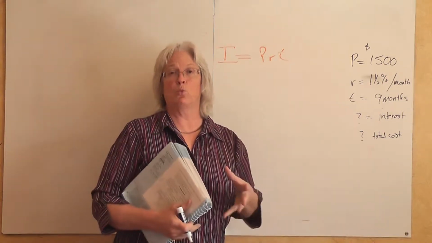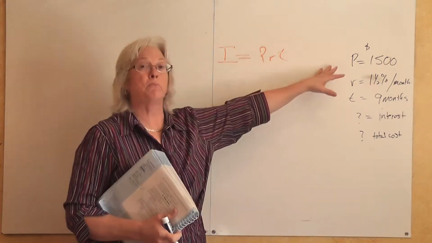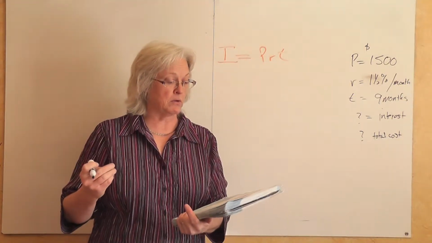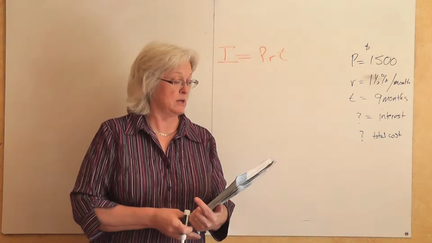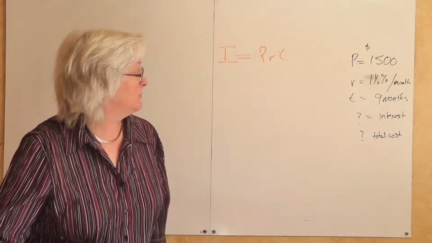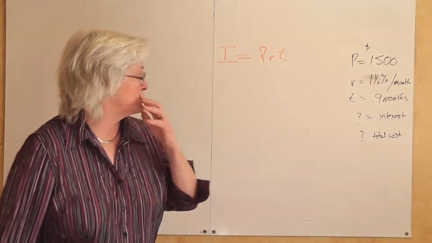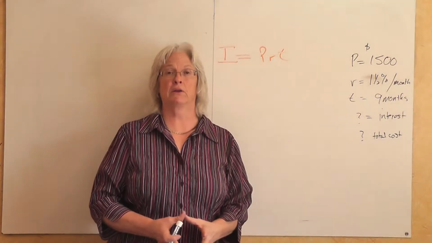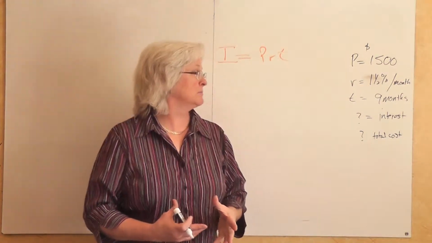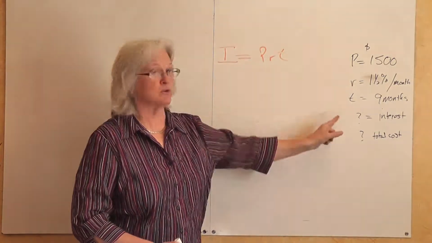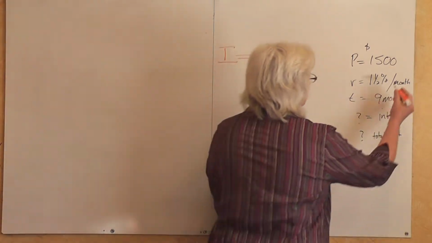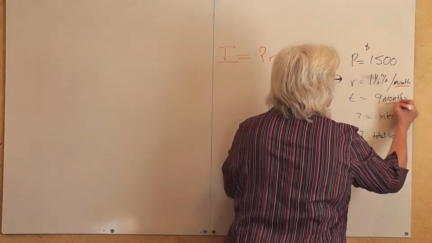Total amount owed is what it costs you to borrow $1,500. You're only going to borrow it for 9 months, and the rate of simple interest that you're going to pay is 1.5% per month. What's your kicker here? First off, make sure that the time is the same with the rate and with the time.